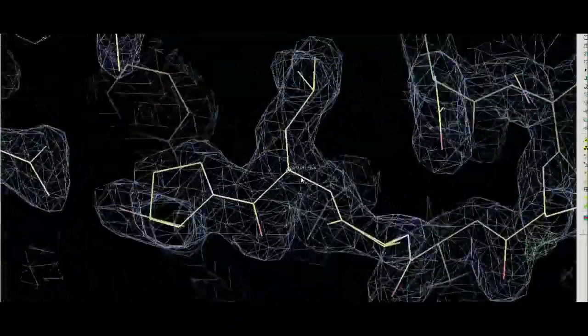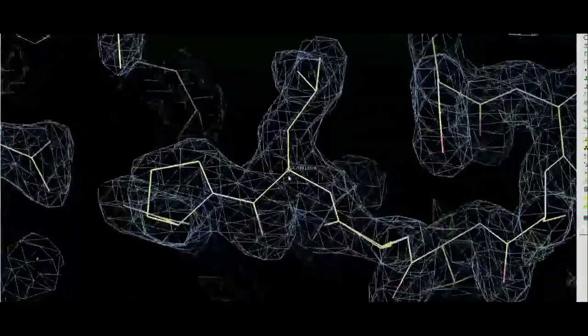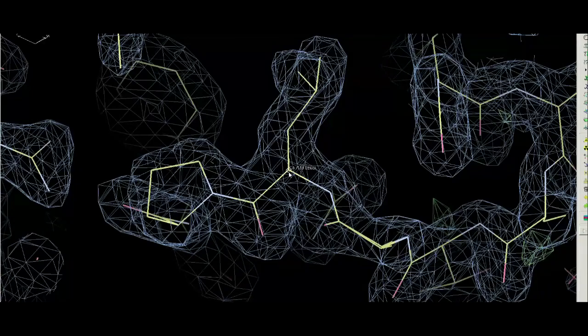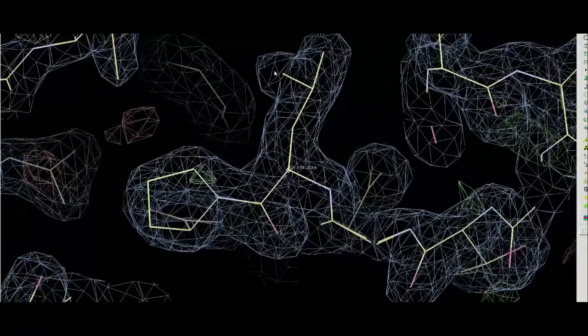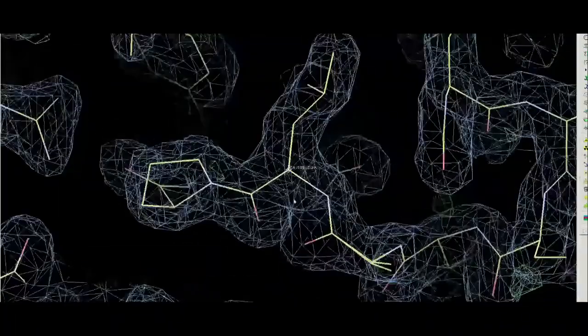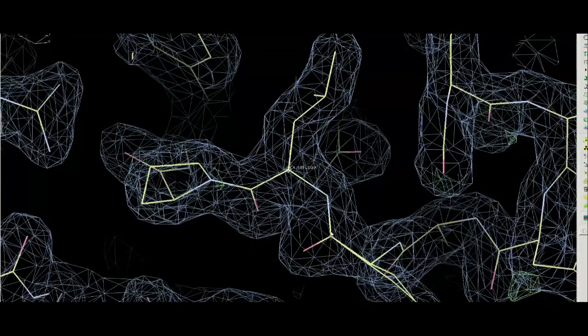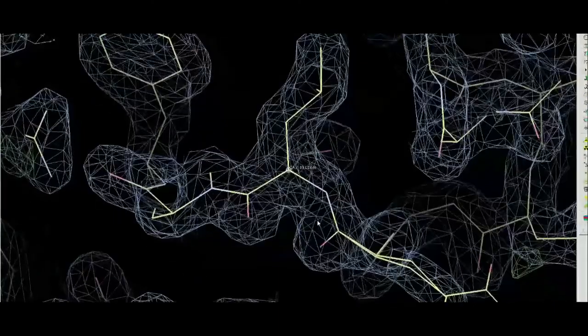And what you can see is, for instance, right here we have a leucine. So right here is the alpha carbon. This is the beta carbon, and then we go up here to the branch chain. And you can see in blue we have nitrogen, and in red we have oxygen. And so right here we have our peptide bond.